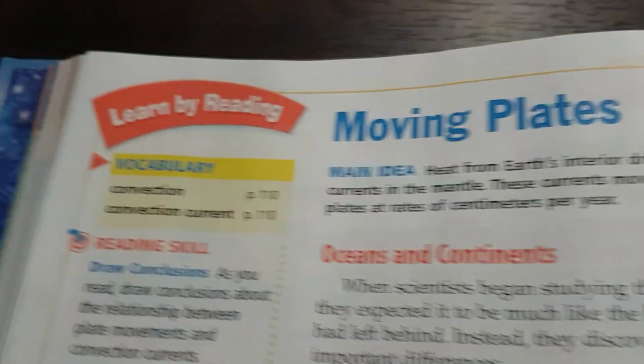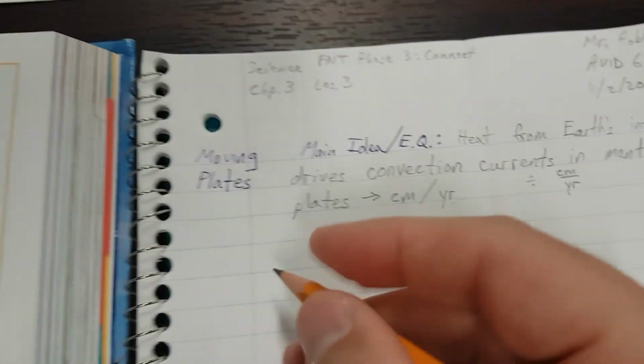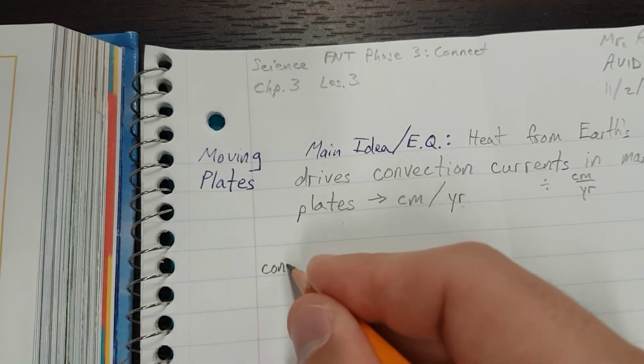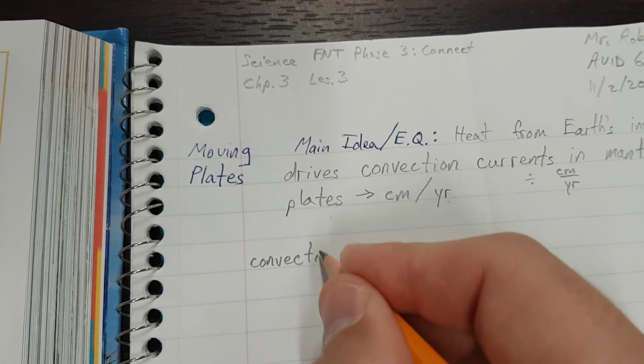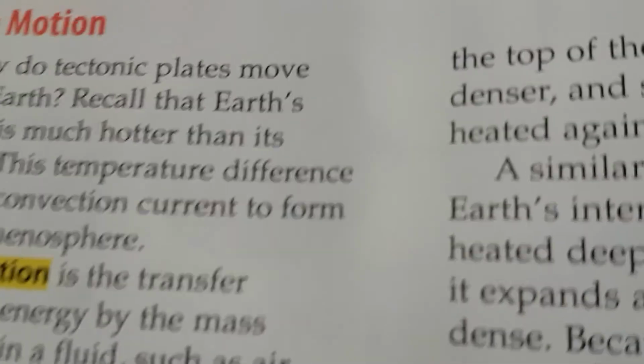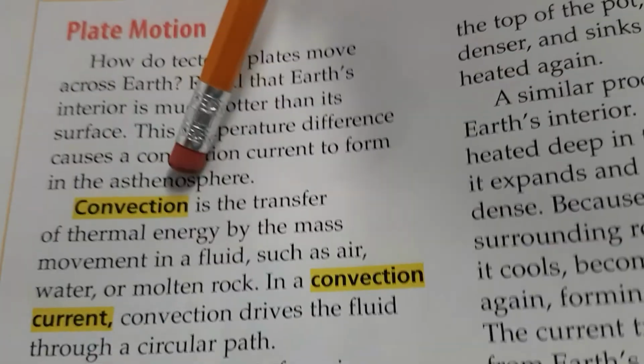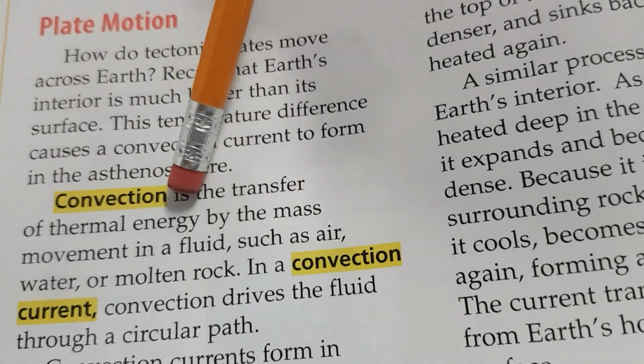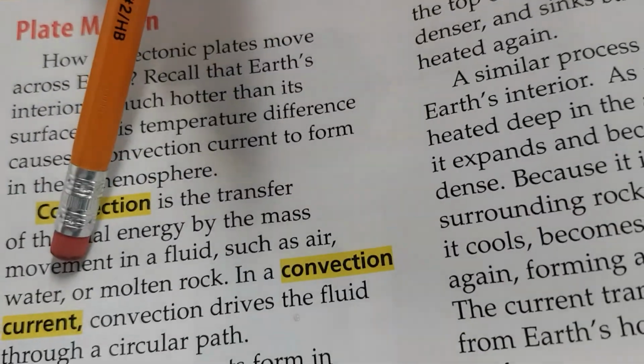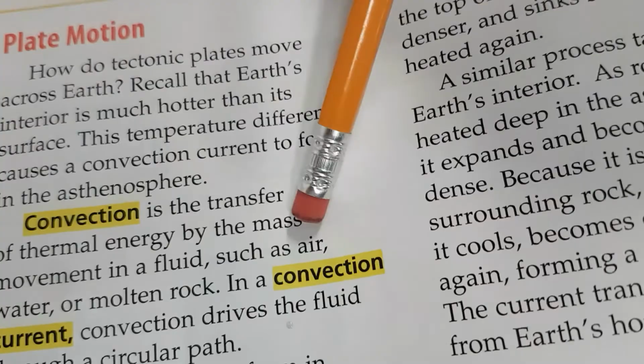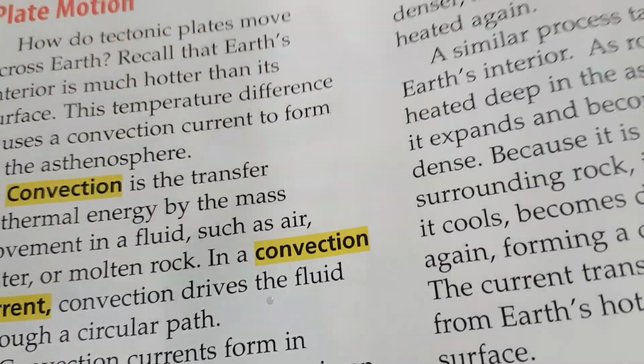Okay, vocabulary words. Convection, skip a line, C-O-N-V-E-C-T-I-O-N. Page 110, turn one page. Convection is the transfer of thermal energy by the mass movement in a fluid such as air, water, or molten rock.